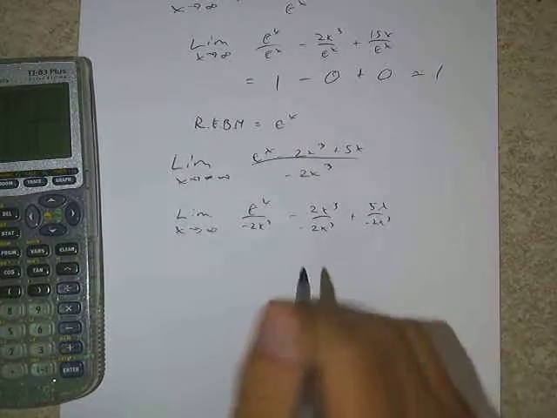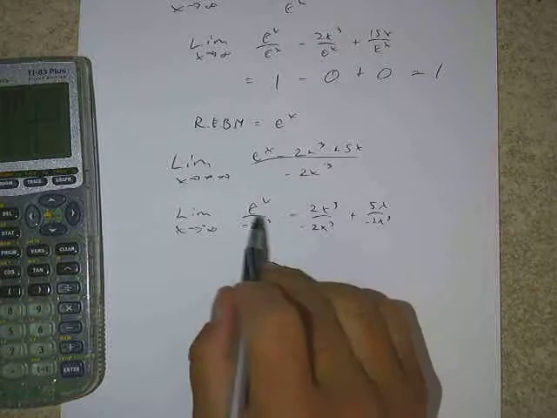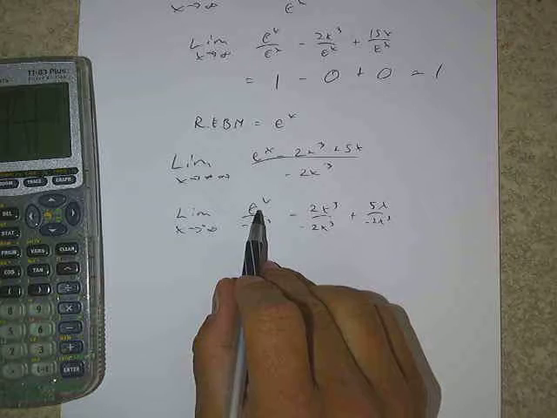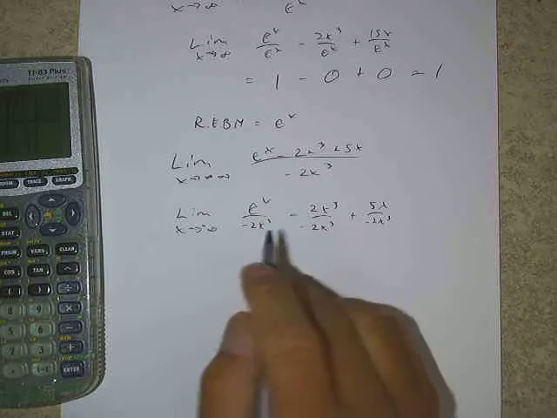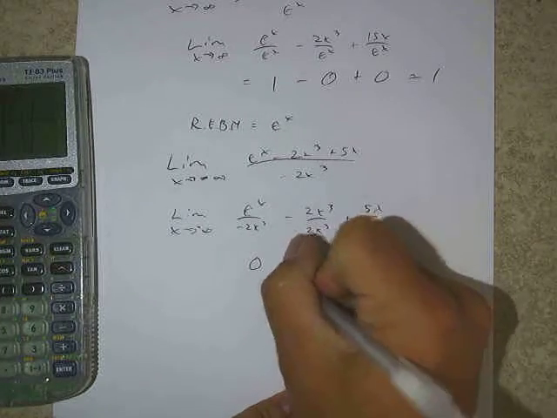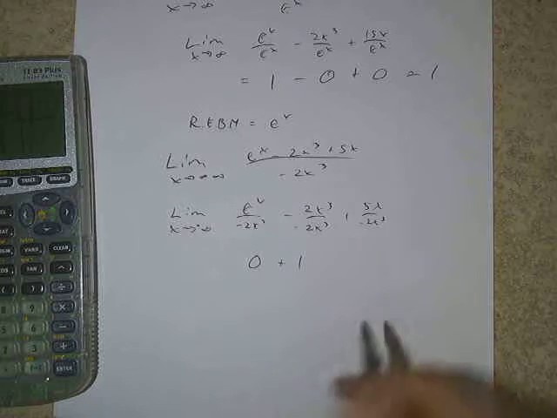Starting term by term, negative infinity there. E to the x, we know at negative infinity goes to 0. This one grows, so the answer to that part is 0. This part is going to be plus 1, because we have a negative divided by negative, same thing.